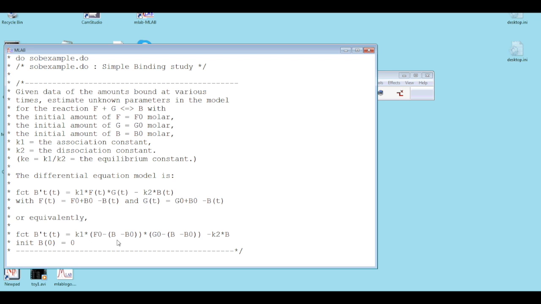And minus B of 0 is just plus B of 0. So F minus B0 is the same thing as F plus B0 minus B. Similarly, the free G is G0 minus B0. And the term minus K2 times B is just minus K2 times B again. That's the destruction term. This is the creation term. And finally, we have to say what the initial value of B is. How much bound do you have at time 0 when you start the reaction? And we have 0. We just mix F and G together.